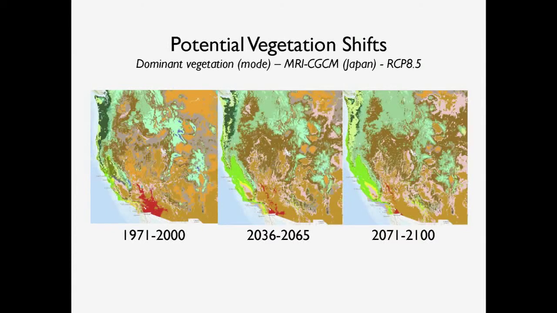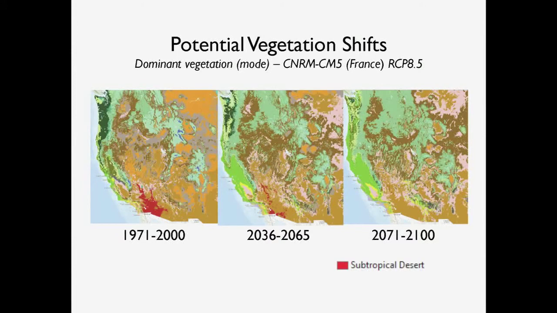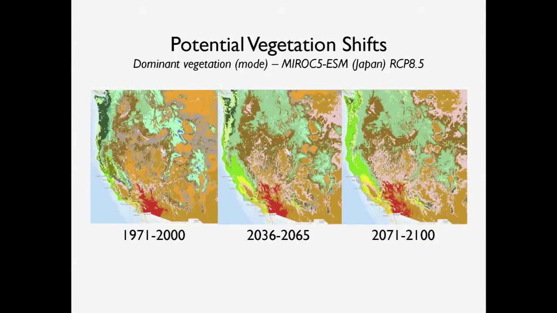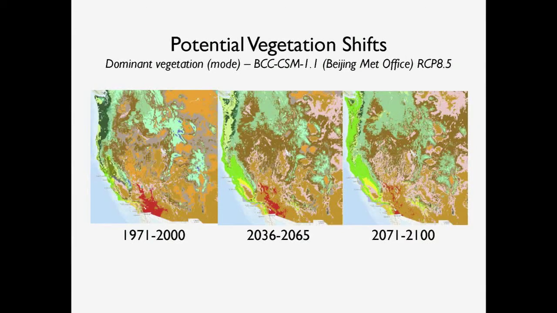And then the MRI-CGCM, also from Japan. And then the GFDL ESM, the French model, another Japanese model, but this time ESM means Earth System Model. It's actually a model that has climate, ocean, and vegetation included. And then the Canadian Earth System Model, which also includes fire, and then the Chinese model.